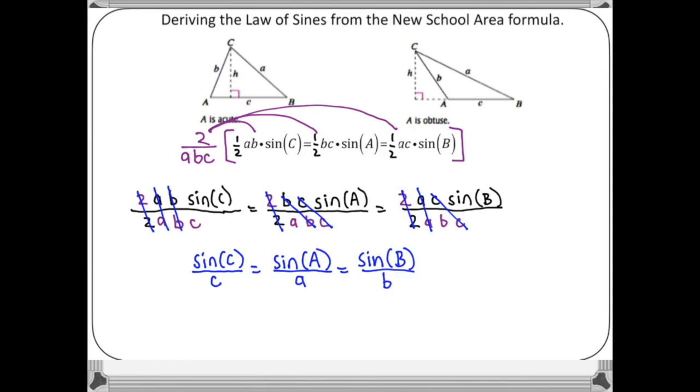Anytime we have a triangle, and we usually use this when it is not a right triangle, we can use this extended ratio to solve for sides or solve for angles if need be.